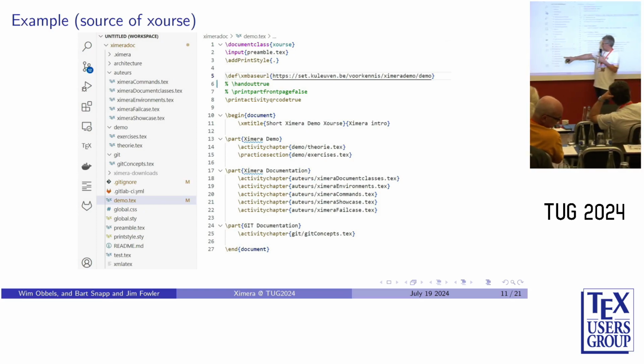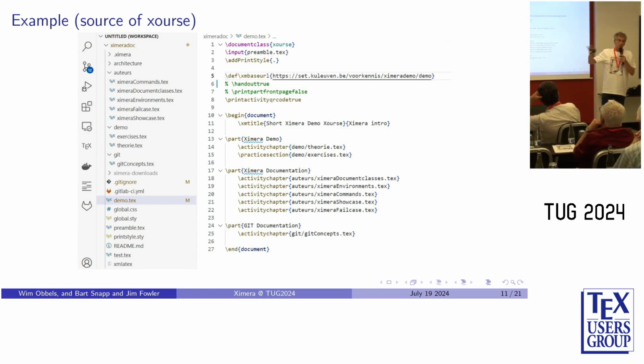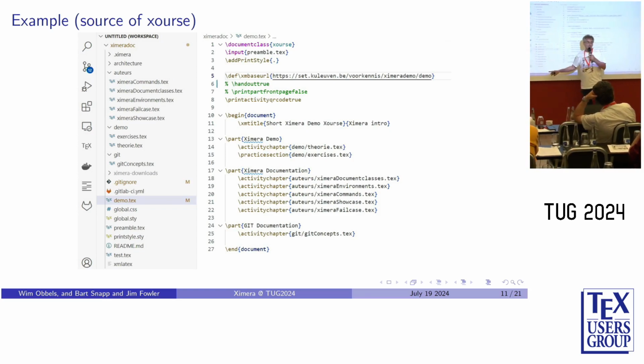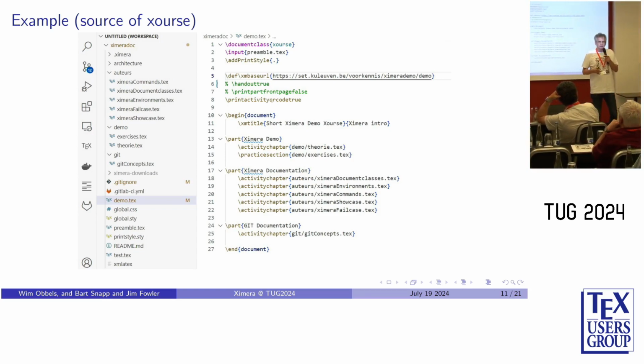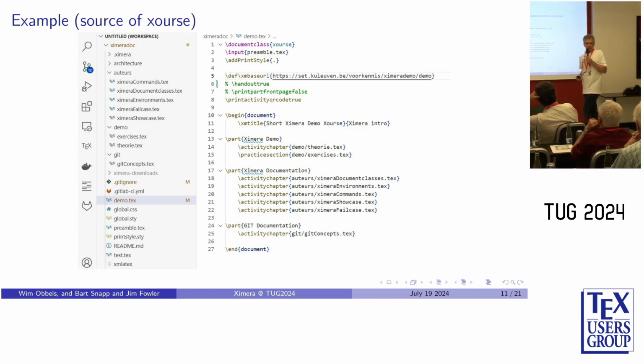You see that here is the print style and the preamble. These files by now in Leuven are very complicated because almost everything we did on top of what Ximera provided is done in this preamble and print style. It's some not completely trivial TeX, which is not for the typical end user.